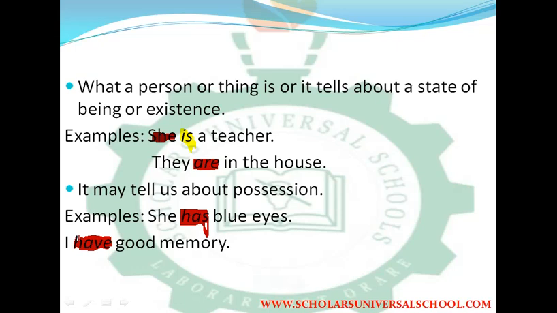Is that clear? So don't get the I here confused. Anytime you have I, it usually goes with a plural verb. So that is why we have I have, not I has. Good. I hope that is well understood.